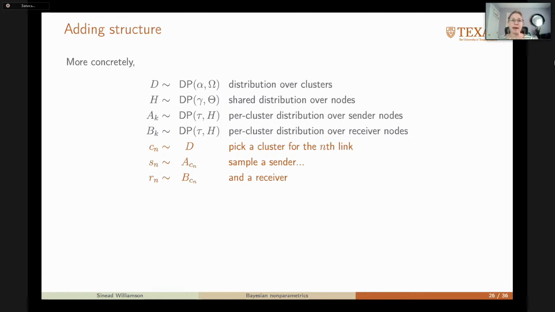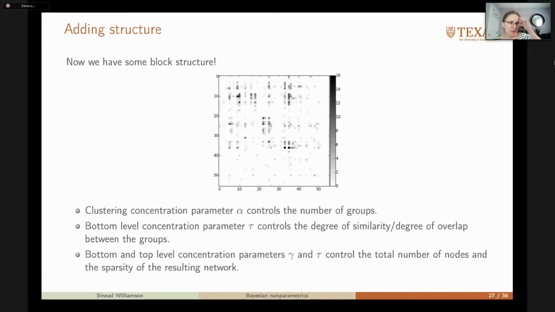And I can build up a distribution over edges in that way, and that defines a distribution over networks. And so here I've generated a sample from that, and it's starting to have a little more clustering structure than we saw in the previous adjacency matrix. Right? We're starting to have some clumps happen.